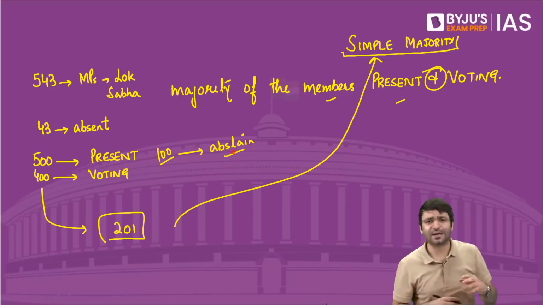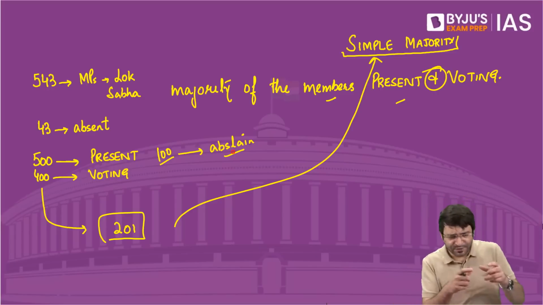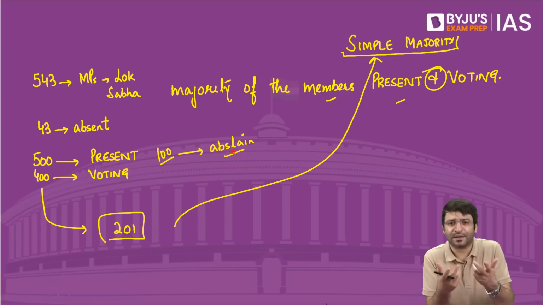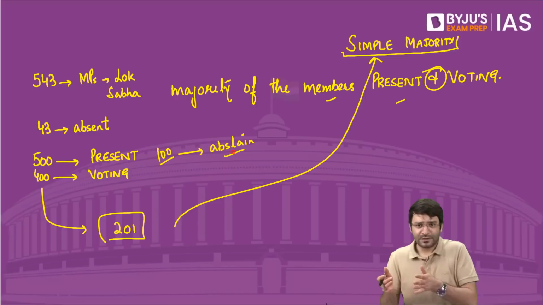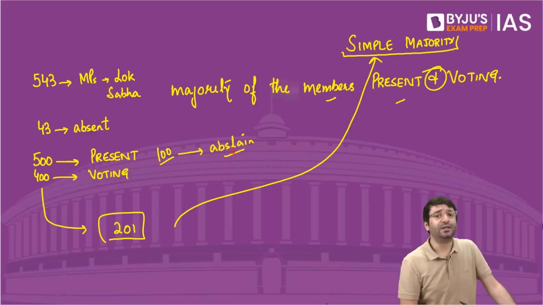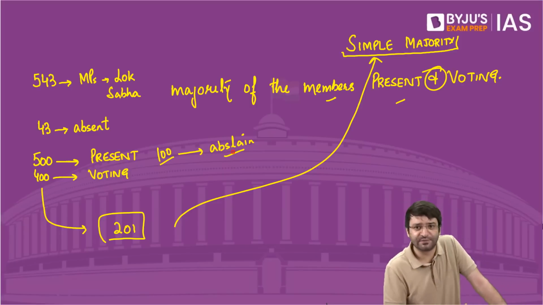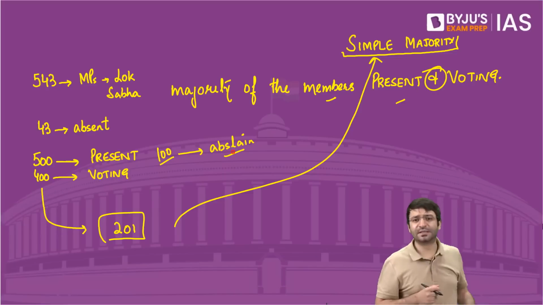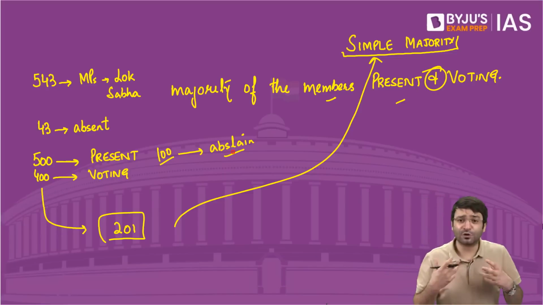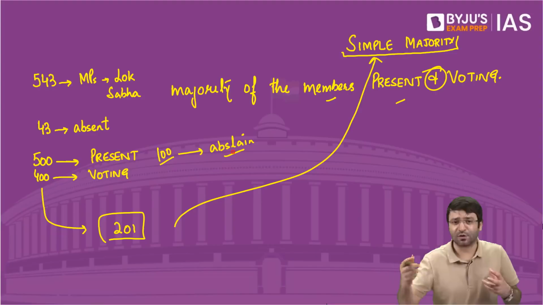For example, there are some political parties which do not want to appear as close to the BJP or the Congress. For example, the BJD, Biju Janata Dal of Mr. Naveen Patnaik. In all his interviews, he says, I want to remain equidistant from both the Congress and the BJP. Equidistant in the sense, I don't want to appear as close to the BJP or the Congress.